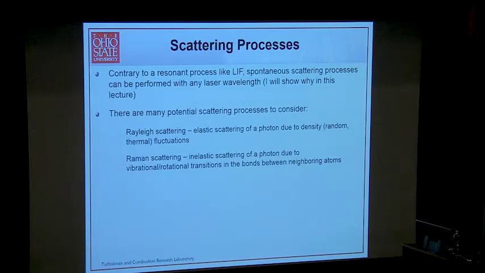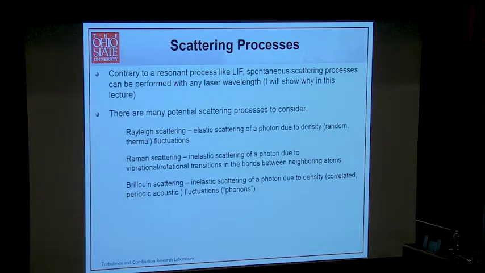We have Raman scattering, which is inelastic scattering of a photon due to vibrational and rotational transitions in the bonds between neighboring atoms. We'll look at a modulation of a dipole due to the electric field. When it couples to either a rotational or vibrational transition, we can get Raman scattering.